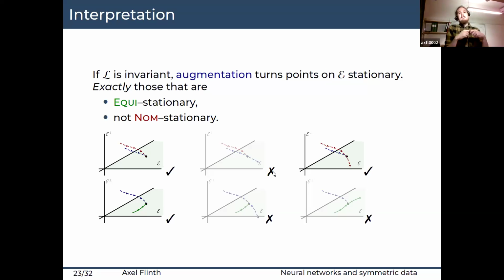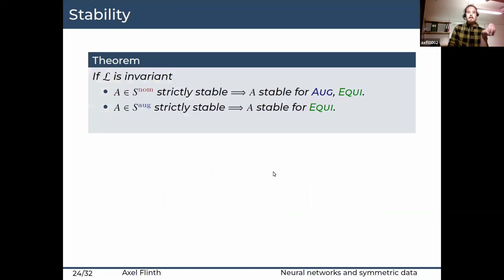Now, this is of course only about stationarity. I've only talked about when the gradient is equal to 0. One can also look at the stability of the points, and then we can say the following: if we have a point which is strictly stable, so it's really a strict minimum of my nominal dynamics, it will stay a stable point for the augmented and the equivariant dynamics.